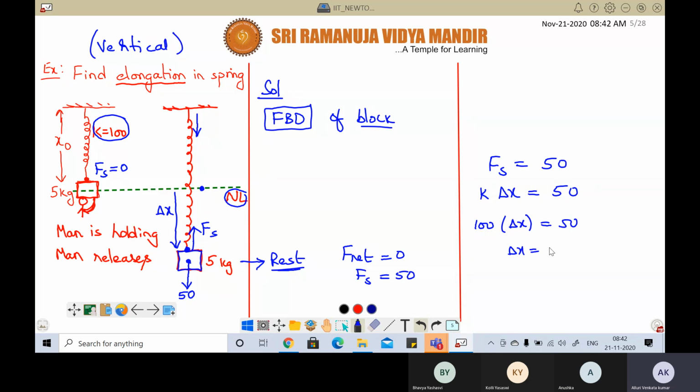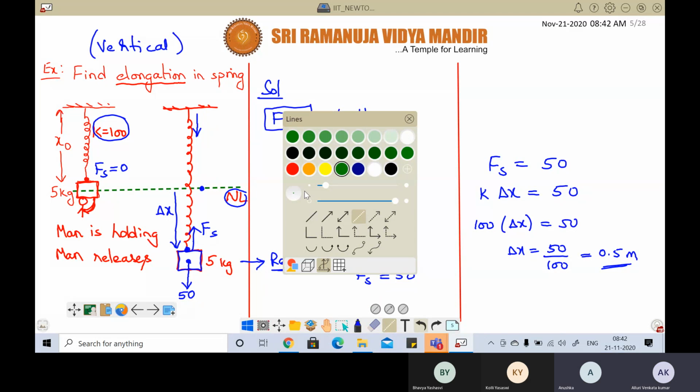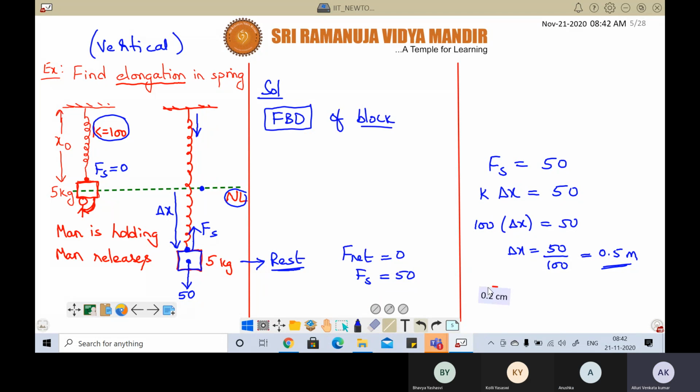So delta x is 50 by 100, that means 0.5 meters. Easy or difficult? Easy only. Okay, if it is easy, do this problem.